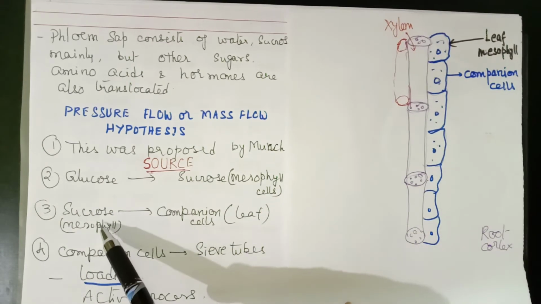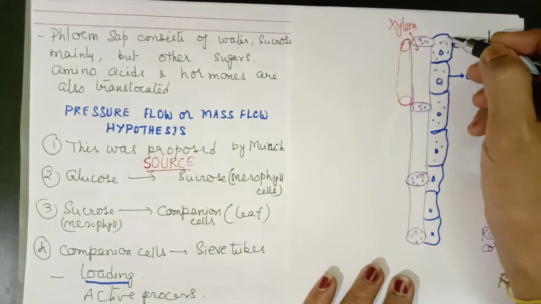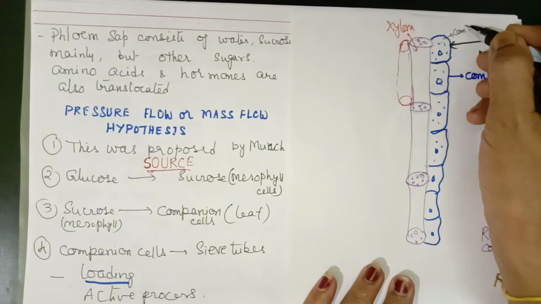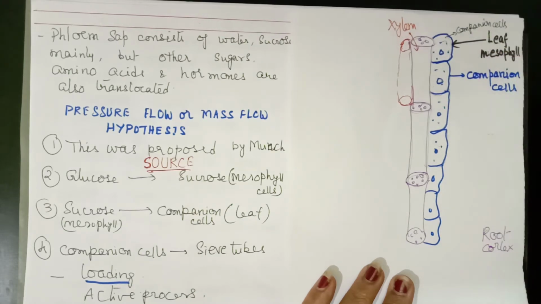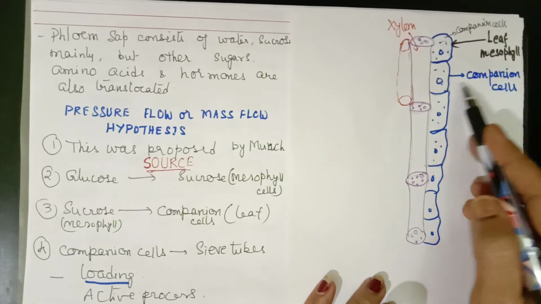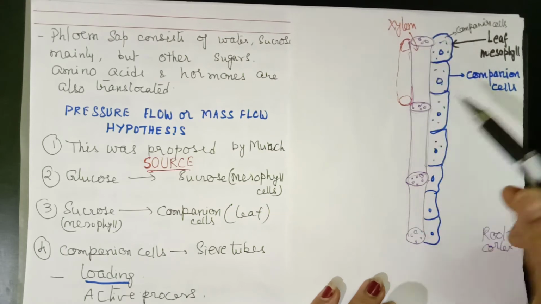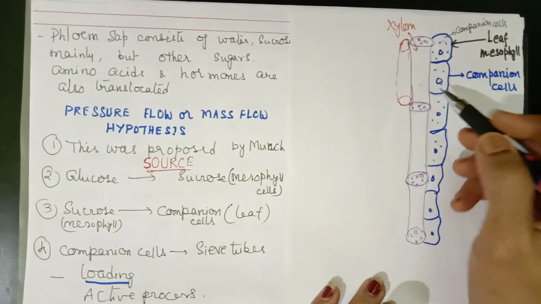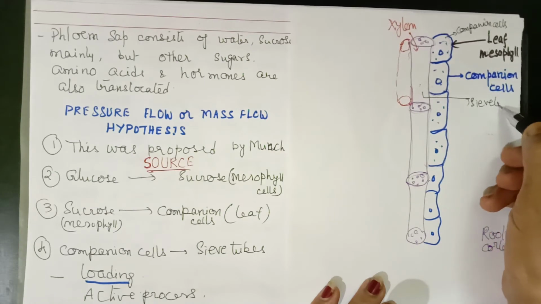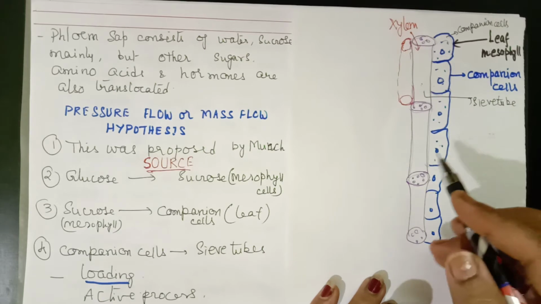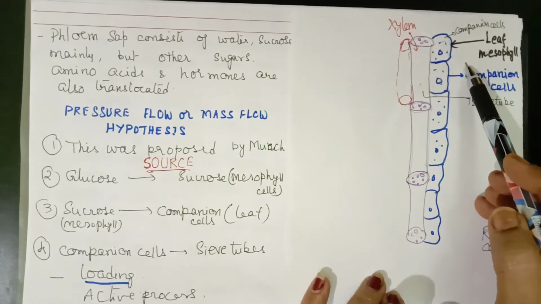Now this sucrose, which is in the mesophyll cells, will be transported to the companion cells, and from the companion cells to the sieve tube. These are the companion cells, and this is the sieve tube belonging to the leaf. Where are they present?